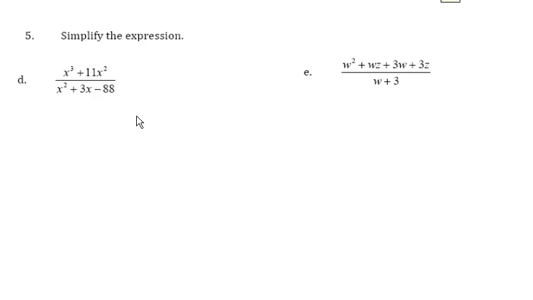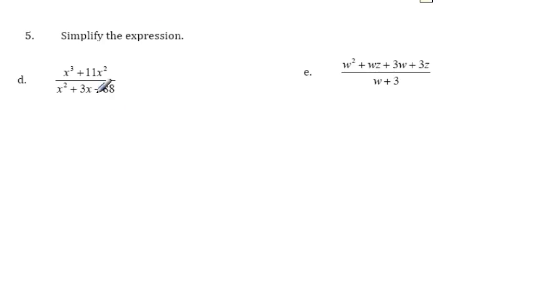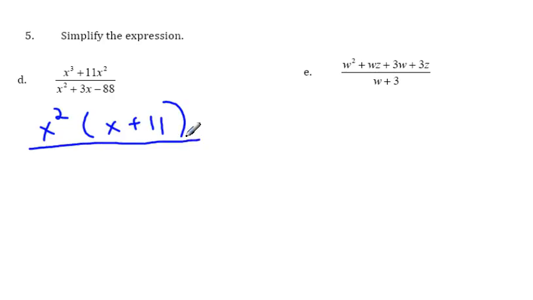For 5D, we continue simplifying the expression, and in my numerator, my greatest common factor, or what's in common, is, I'll give you a minute to figure that out, it's x squared. So I factor out x squared, and that leaves me x plus 11. In my denominator, I don't have a GCF.